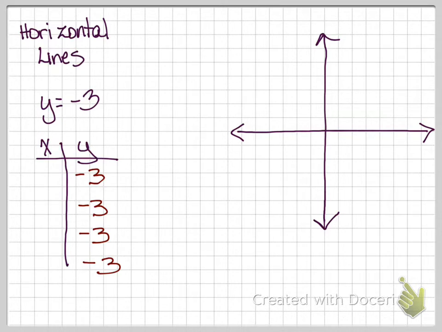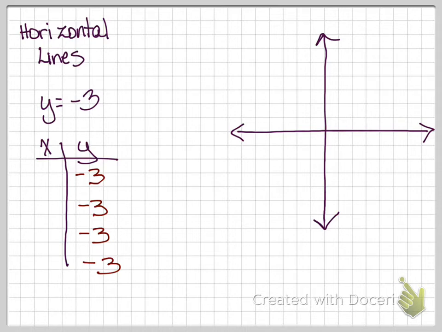I have to have 2 to draw one, but how many points are on a line? Infinite. It goes on forever in both directions. So how many points have a value of negative 3 for their y coordinate? All of them. Infinite. It goes on forever in both directions.